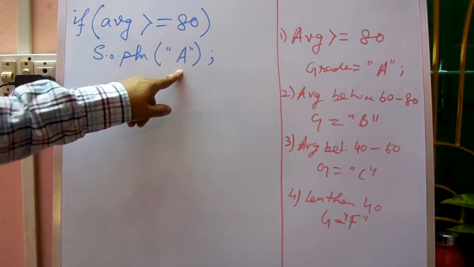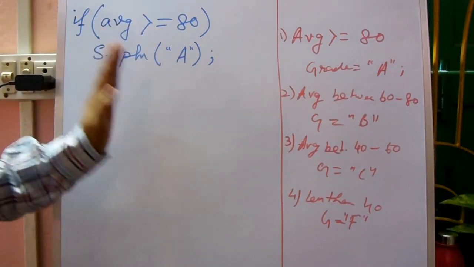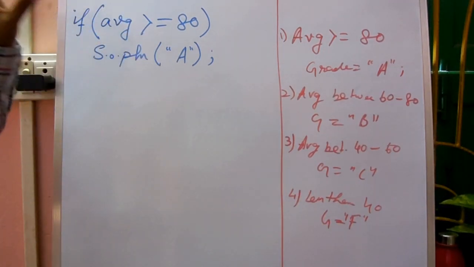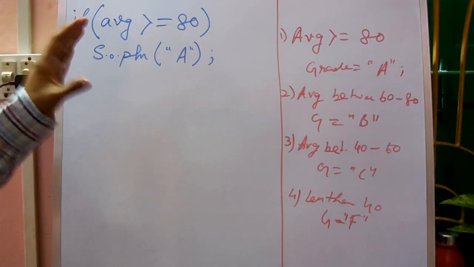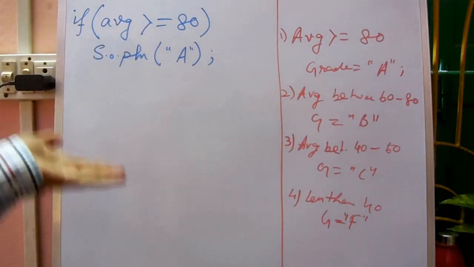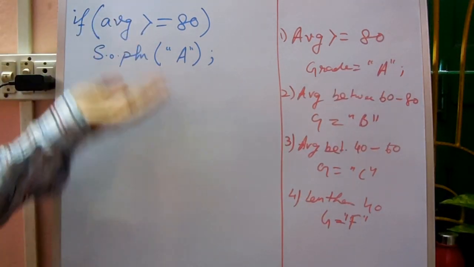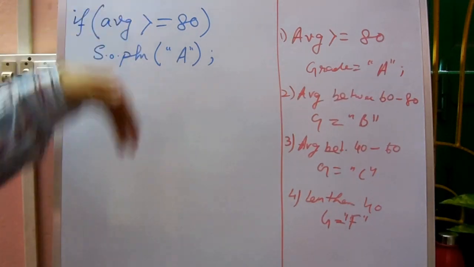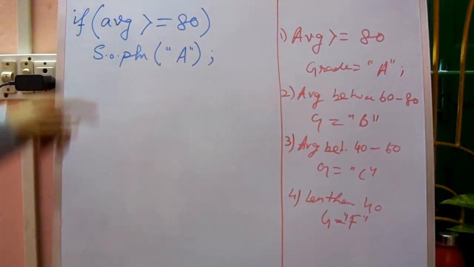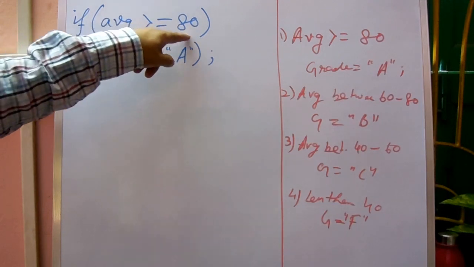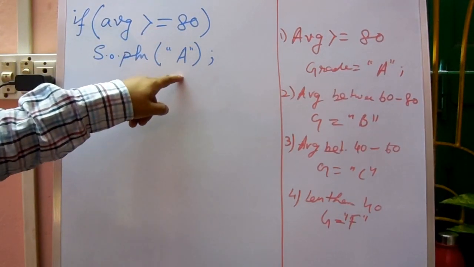Because this is a string. No need to know many more things about strings now. Just remember, any sentence or words that you want to print go in quotation marks, as in the odd number or even number program you have done. So if the average is more than or equal to 80, we are printing A.